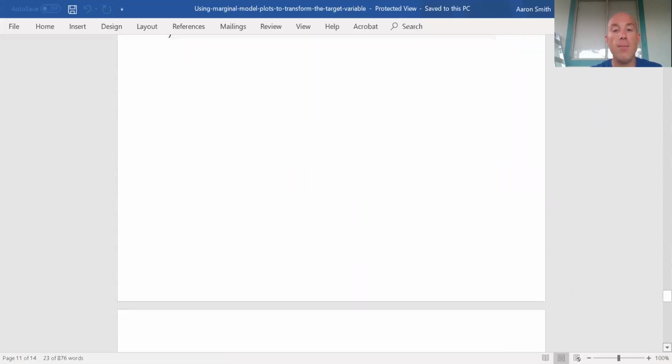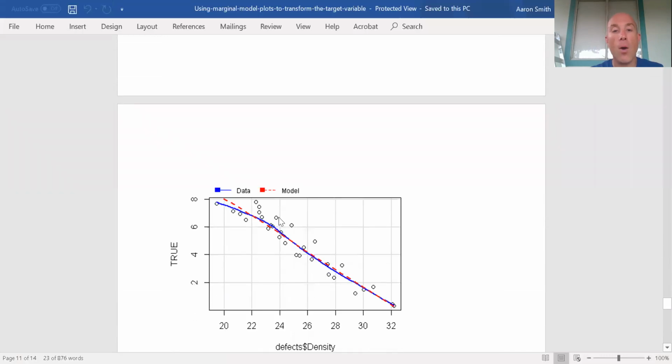Let's look at density. All right, so here I've got a little bit of wiggling around. Remember, whenever we're doing local regression models, such as the blue, it's going to wiggle around frequently at the far left and the far right for the extreme values of the predictors. That's just part of it. Here it doesn't wiggle around too much, so I'm okay with it.